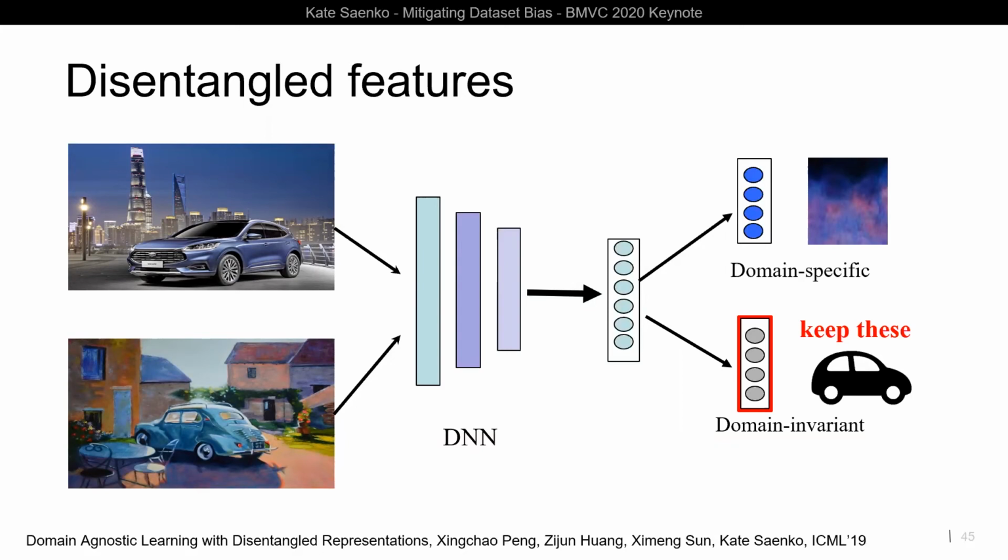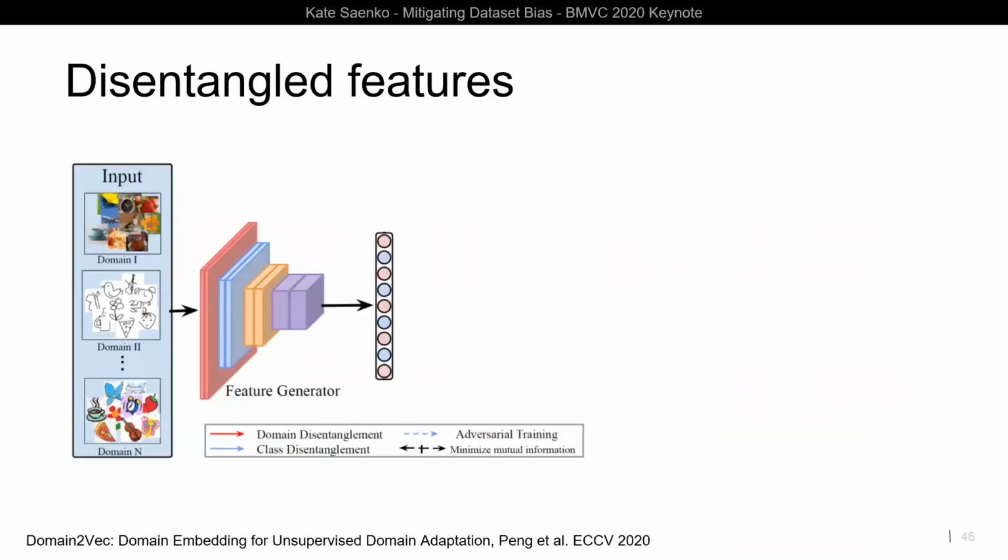Will have better accuracy on new domains. And so to accomplish this, we propose this model which takes several domains as input. So this can work with multiple domains, not just two domains. And first we have a feature generator which takes the input image from a domain and encodes it as some high-level feature vector.